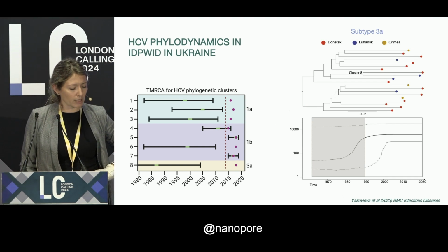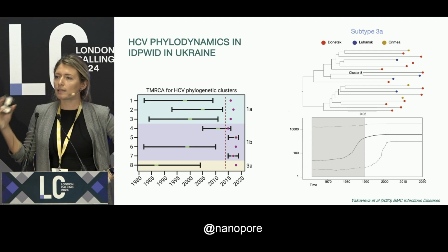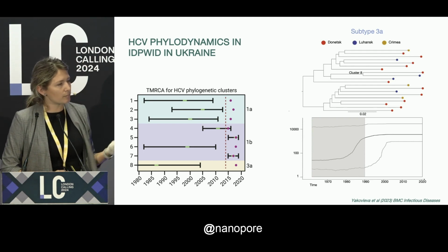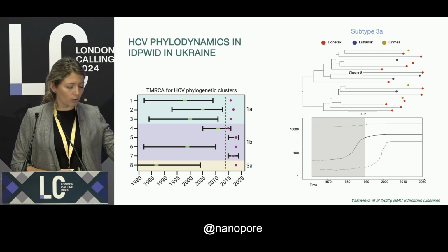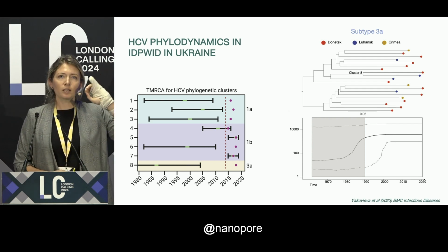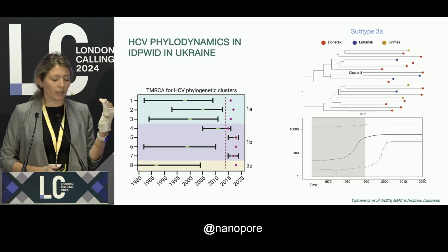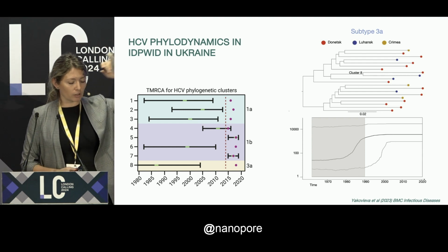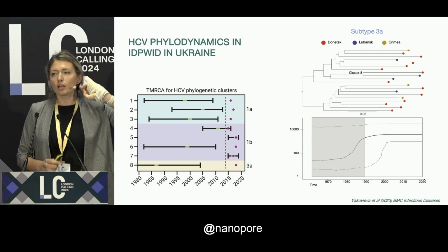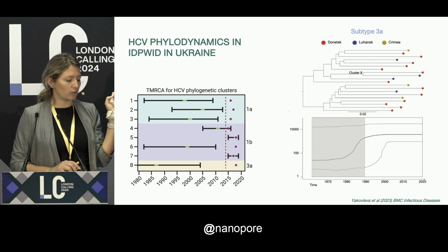We did a similar analysis with hepatitis C, and in the same manner, we found some clusters, we estimated the time of their origination, and we also mapped when people who are in these clusters moved to their new place of residence. So the purple dots on this figure on the left is the time that the last person in the cluster actually reached the Odessa region.